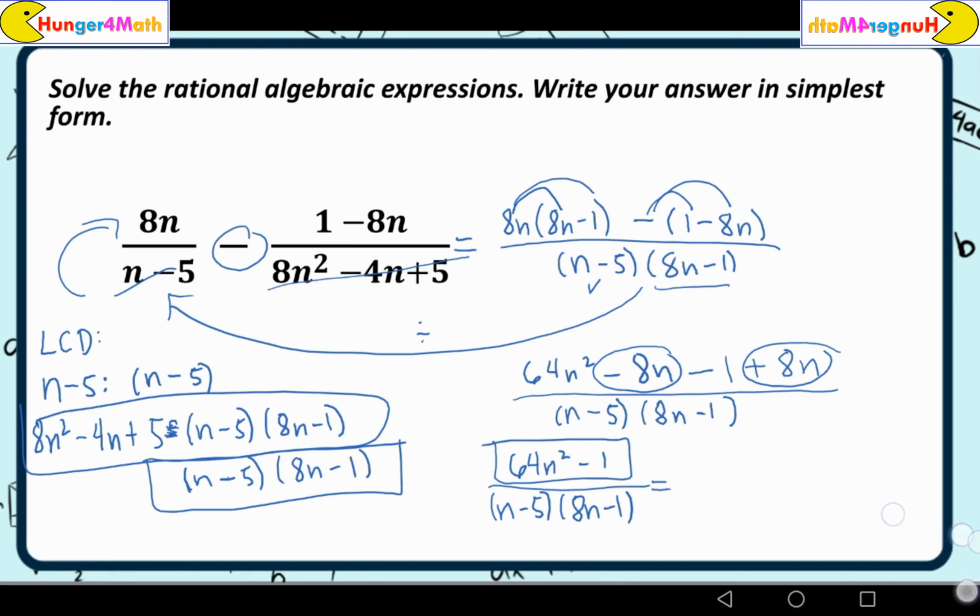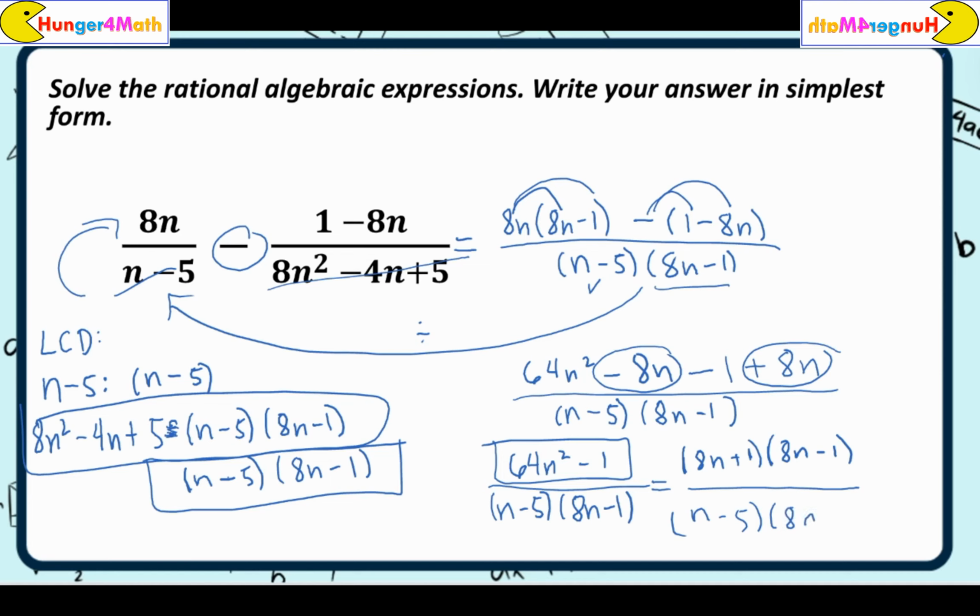That would turn into 8n plus 1 times 8n minus 1 all over n minus 5 times 8n minus 1. Now here we can cancel this out. So what will remain is 8n plus 1 all over n minus 5. So here's our answer.